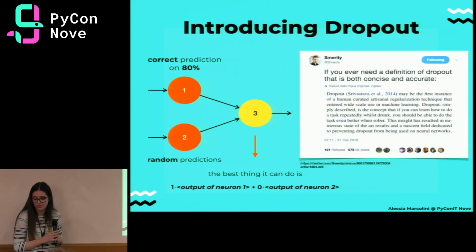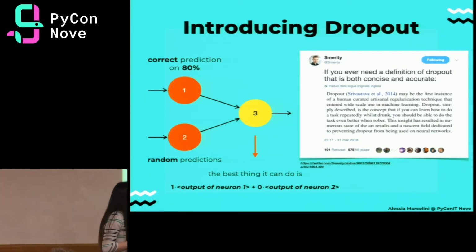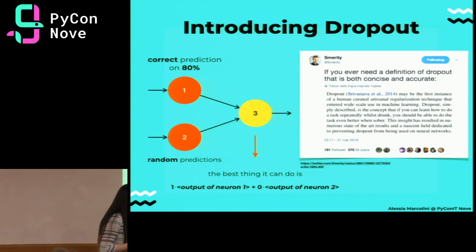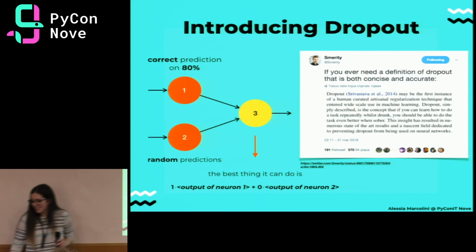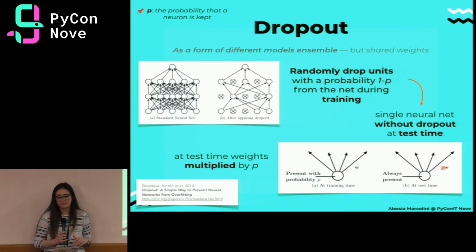I found a curious definition of dropout, as you can read here. Dropout, simply described, is the concept that if you can learn how to do a task while drunk, you should be able to do the task even better when sober. To be precise, if P is the probability that a neuron is kept, you randomly drop units with a probability 1 minus P during training. At test time, you don't apply dropout, and you keep all your units.